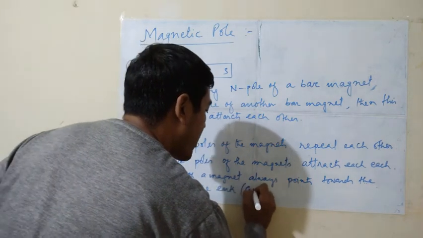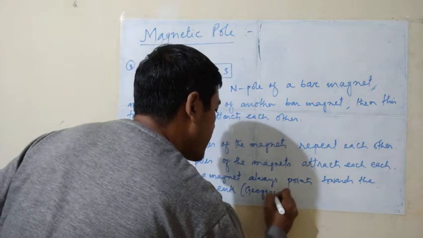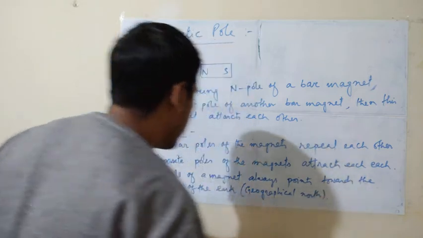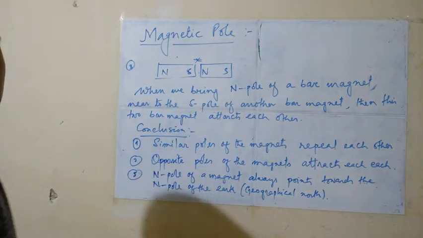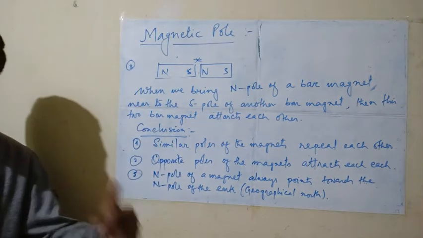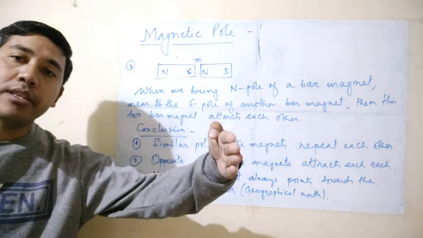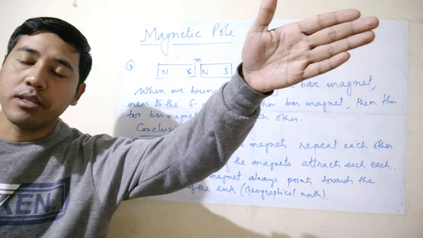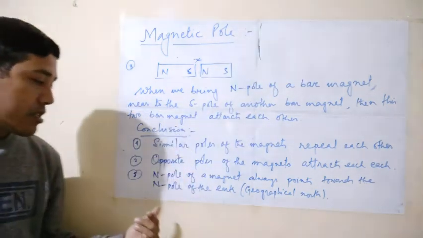That is geographical north. Okay, that is, in the first activity we always saw that the north pole of the magnet is always pointed towards the geographical north of the earth, right? That is the number 3rd point.